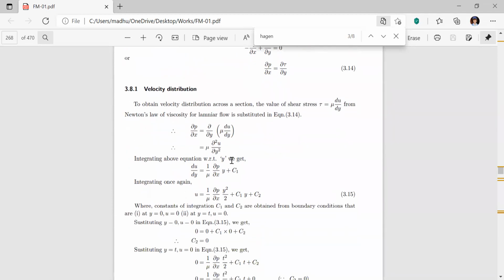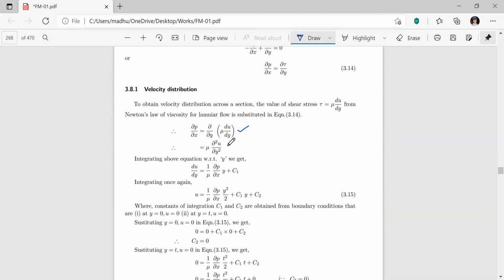Likewise, from this pressure distribution, dou P by dou X, we can find out velocity distribution, where dou P by dou X is equal to dou by dou Y of tau. Tau is nothing but mu into du by dy as per Newton's law of viscosity. Now, using this, we derive mu into dou square u by dou Y square, and integrating, du by dy is equal to 1 by mu dp by dx y plus c1.